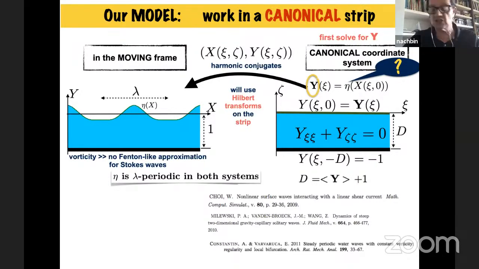Okay, as I mentioned, we don't have a very good guess for the traveling wave in the vortical, in the rotational case, even though we can use the irrotational profile as an initial guess. So what we're going to do is formulate everything in the canonical domain, including finding the wave elevation in the canonical domain, which is this bold capital Y in the free surface, which is basically the Dirichlet data of the harmonic problem in the simplified domain, which is a uniform strip.